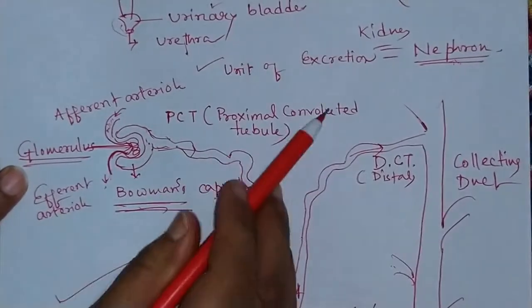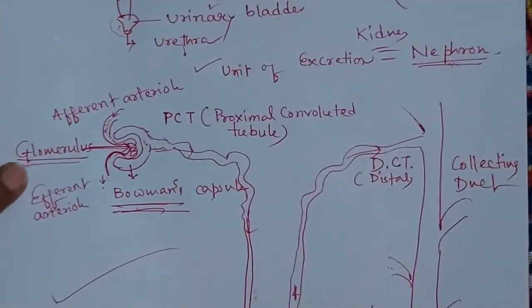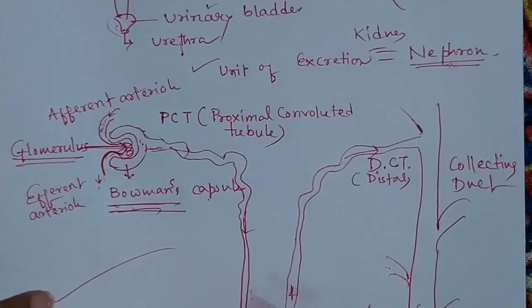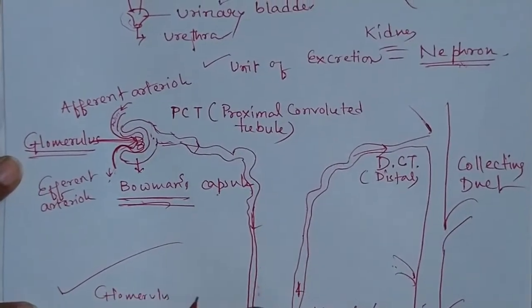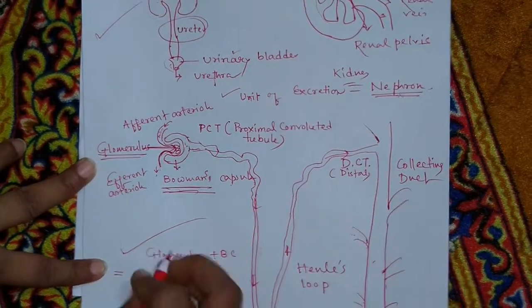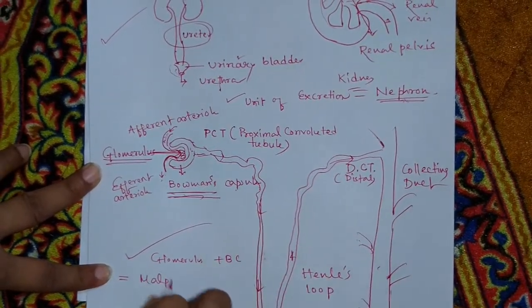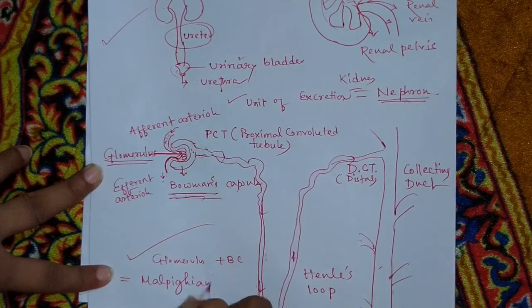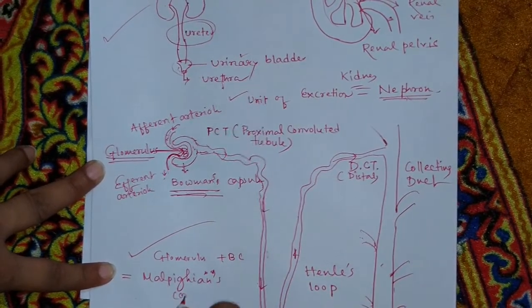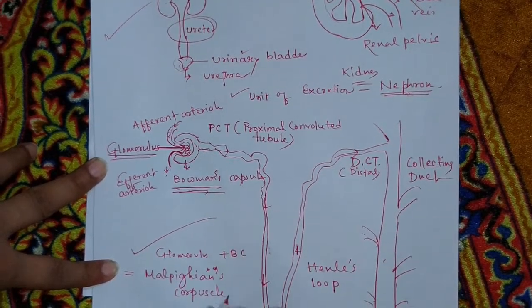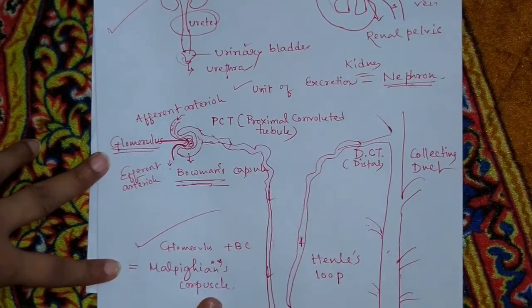First collection goes through the proximal convoluted tubule, then Henle's loop, then DCT, then collecting duct. This glomerulus and Bowman's capsule together are called the Malpighian corpuscle.